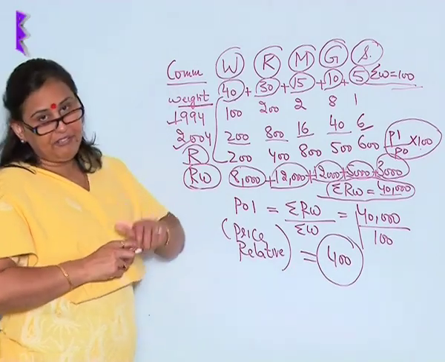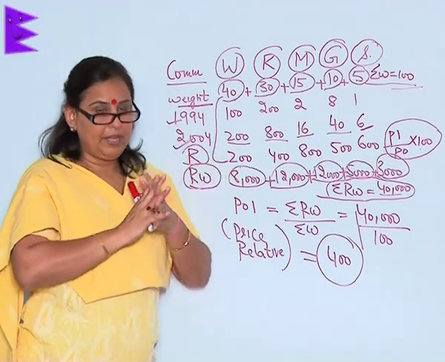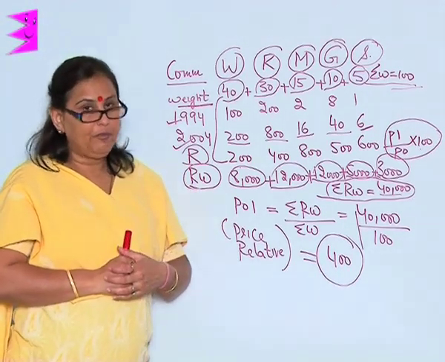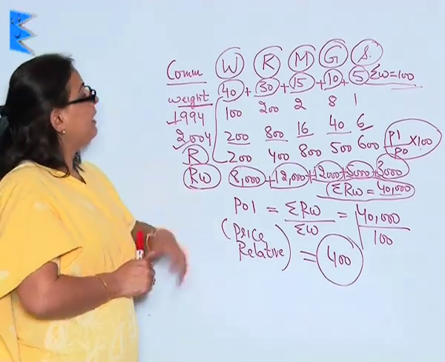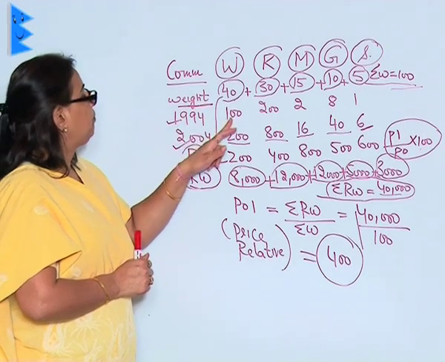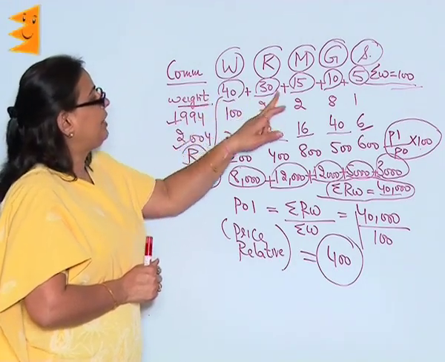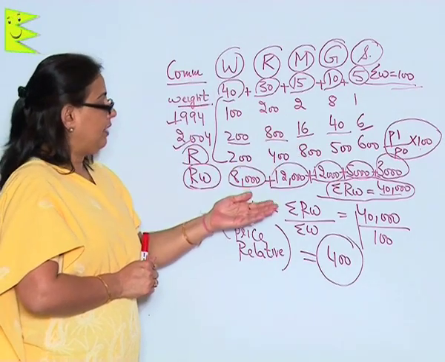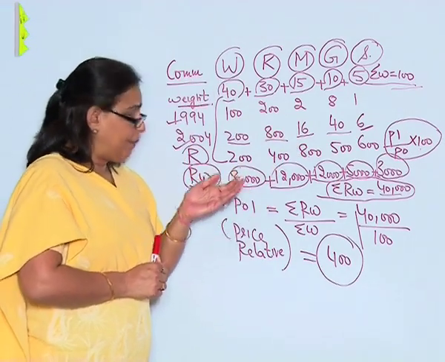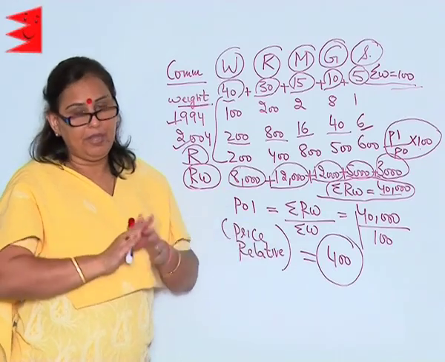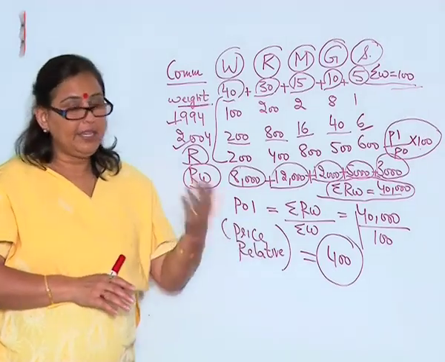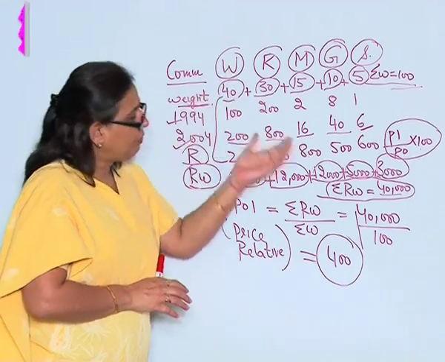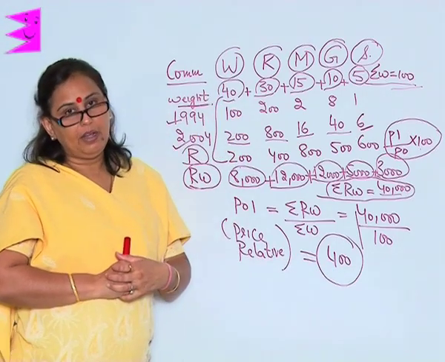So the basic difference that you have found in both the methods, whether it is the simple method or the weighted method of index, is that in this one the weight has been given importance for various commodities, and thus the related price weight has come accordingly. Whereas in the other one, there was no weight column and all of them were given similar weightage.